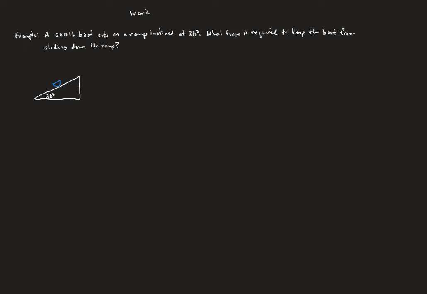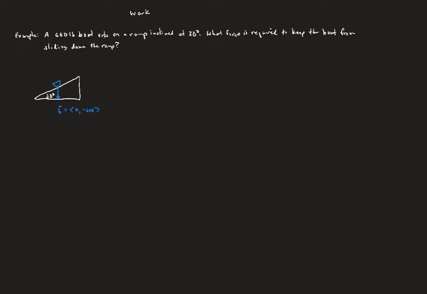So we know, because the boat is 600 pounds, that it's got a force vector, its weight, that's going straight down because of gravity. And I'm going to call that maybe just B, the boat vector. And because it's going straight down, it's going to be 0 in the x direction and negative 600 in the y direction. So that's the weight vector for the boat.